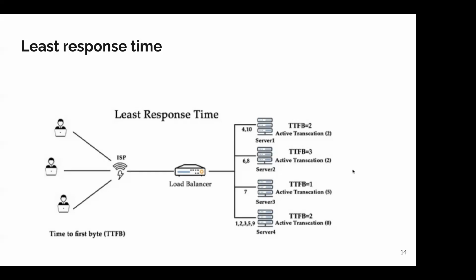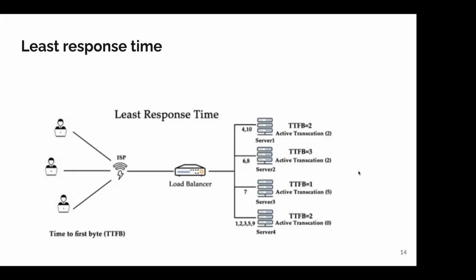So here the active connection would have been 3. So TTFB is 2, so the fourth request will be going to the one with TTFB 2 and active transaction 2. Now this active transaction would be becoming 3.